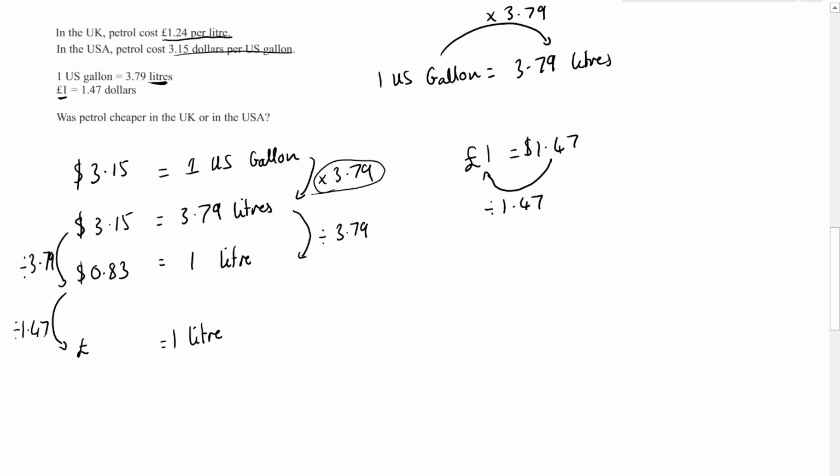And if I divide that by 1.47, I get that this in America is 0.57, so 57 pence per litre in America, which is much cheaper than it is in the UK. Okay, and so we'd have to write a sentence that petrol is cheaper in the USA.